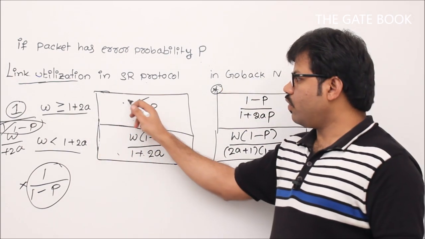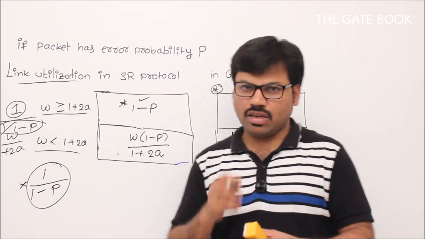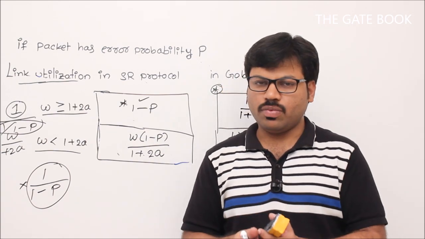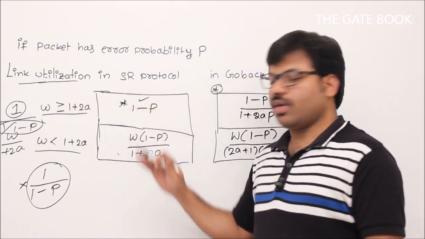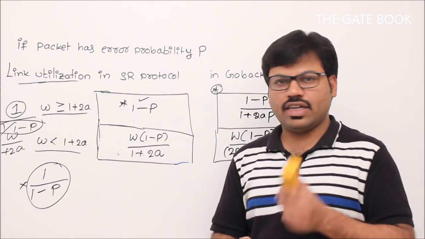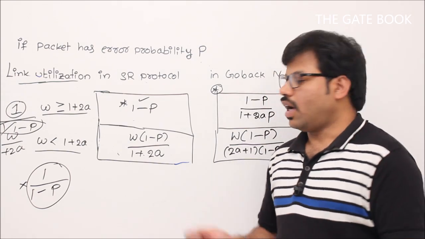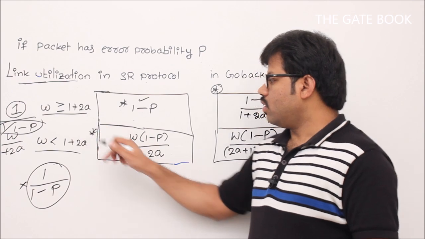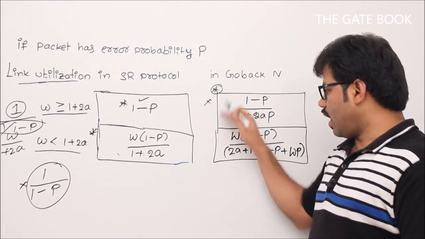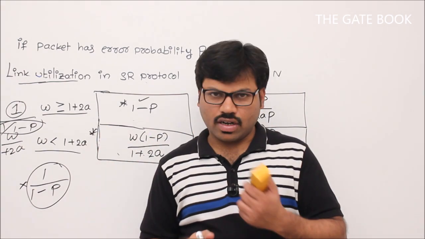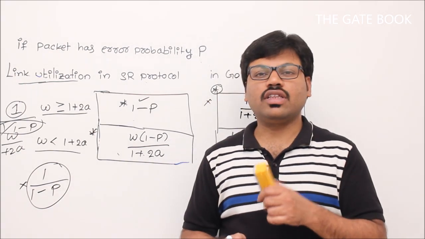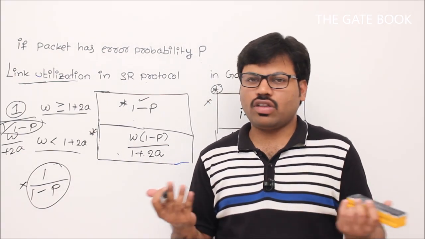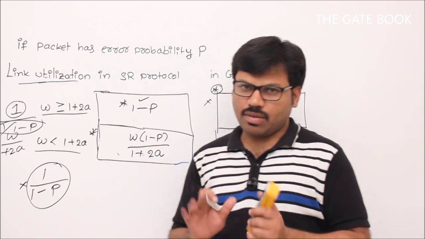I can give you the analysis, but the analysis part is a little bit difficult and it is out of scope. That's why I'm not going to derive them in a formal way as I did for the stop and wait protocol. These formulas are a little bit difficult to understand, and one more thing, they are not important for GATE. You can ignore them if you want, but for completeness I am teaching them.